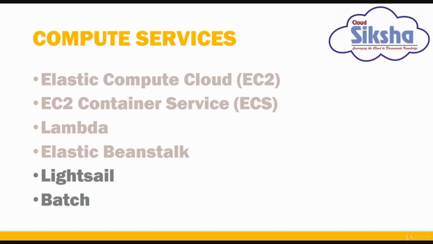For example, if you spend say $5 a month, you would get a server with 512 MB memory, a single core processor, about 20 GB of SSD, and 1 terabyte of data transfer free along with the system. So it's a pre-configured system available at a cheap rate so that you can buy it and start using it immediately. These are some of the compute services that we get from AWS.